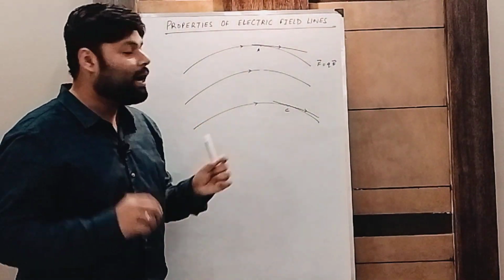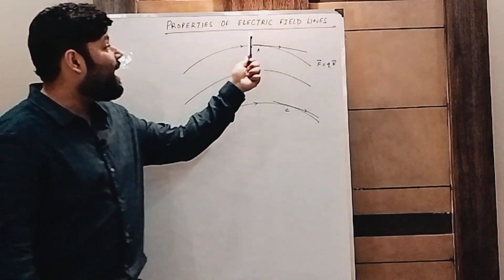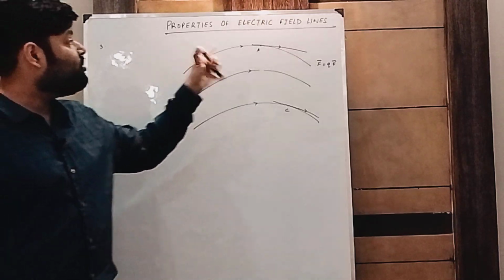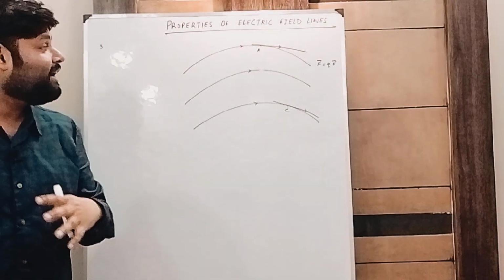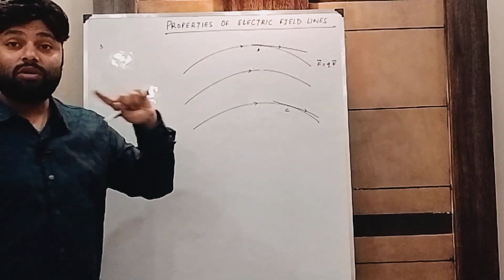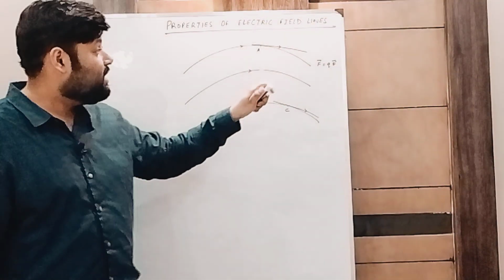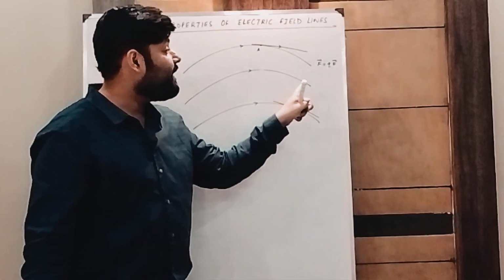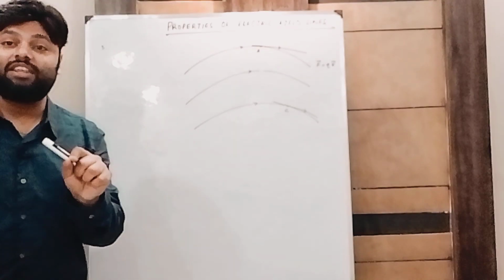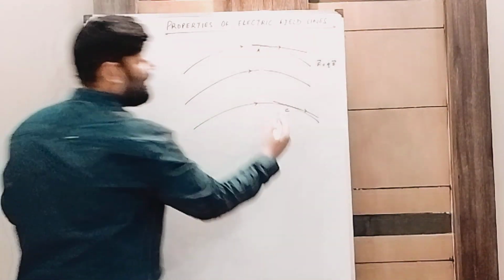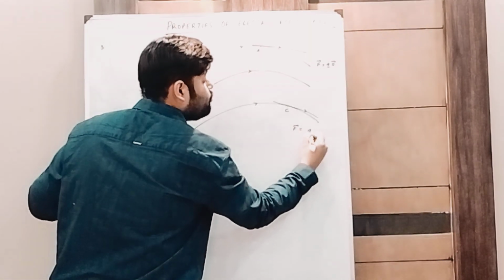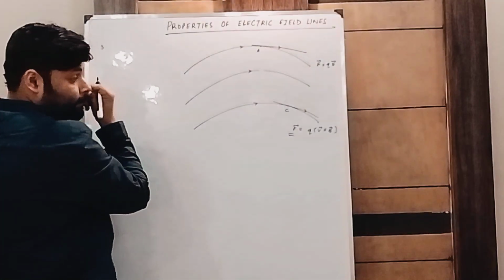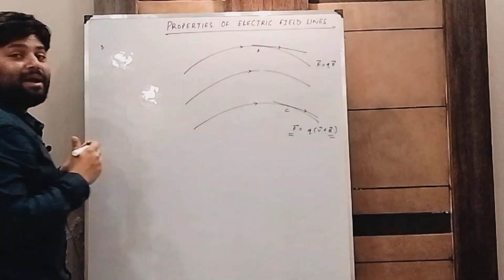Okay, now this is a minute difference with respect to magnetic field lines. I know you have not already studied it, but when I'm going to teach you that, I'm going to tell you once again, but let me tell you here also, when it comes to magnetic field lines, when we draw the tangent at a particular point on a magnetic field line, we will only get the direction of magnetic field, not the direction of magnetic force, because magnetic force is Q V cross B. So there the direction of magnetic force is perpendicular to the direction of magnetic field.